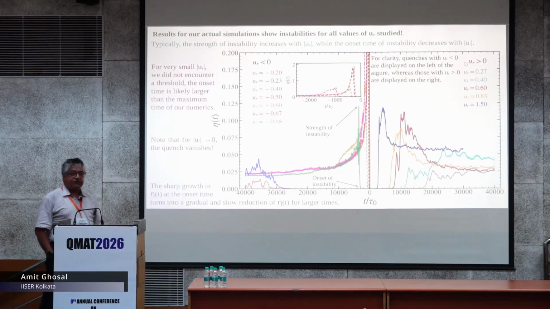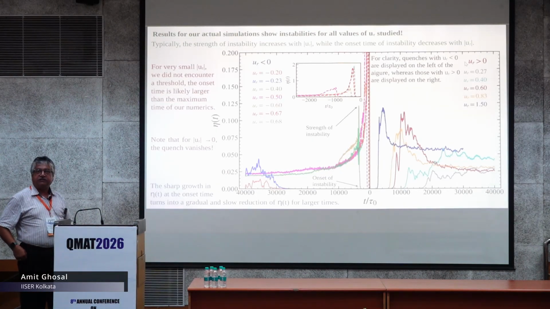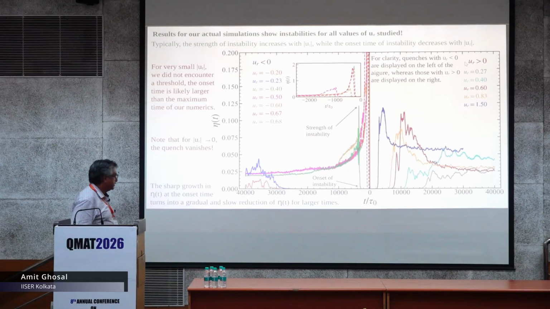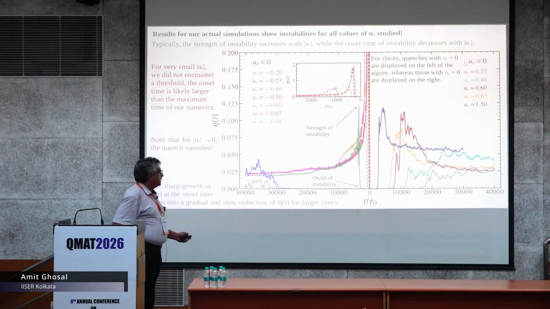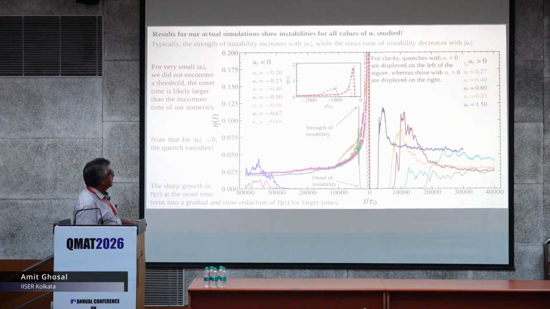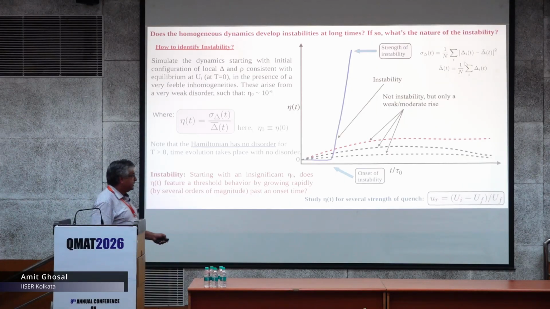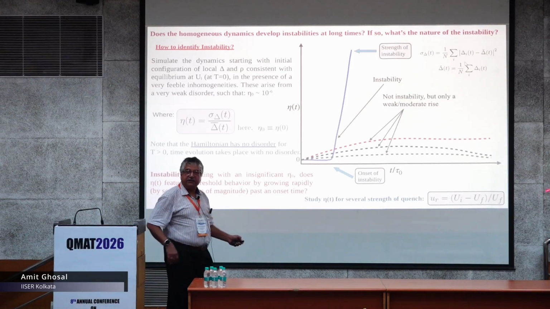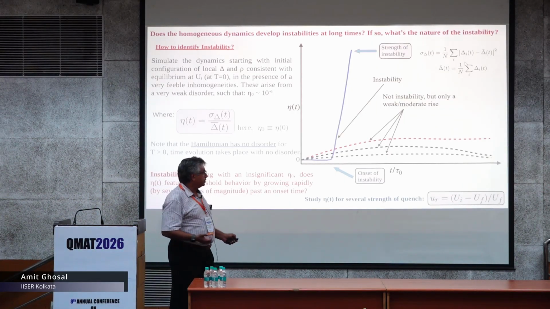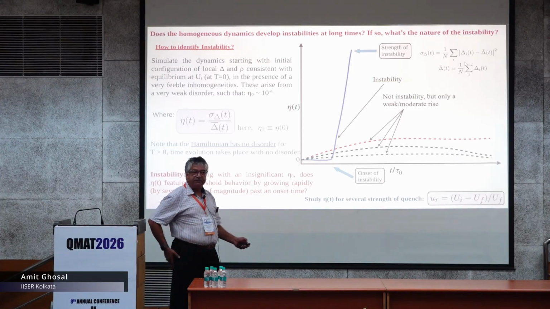So what turns out, if you do the actual simulation, is something quite remarkable, in every possible perturbation that we looked into. I'll explain this plot first. These are URs. UR is defined as, I forgot to mention that, a dimensionless parameter for the strength of the quench. So that is UI minus UF divided by UF.